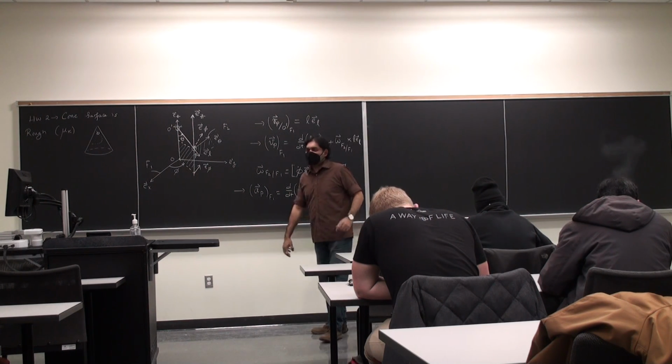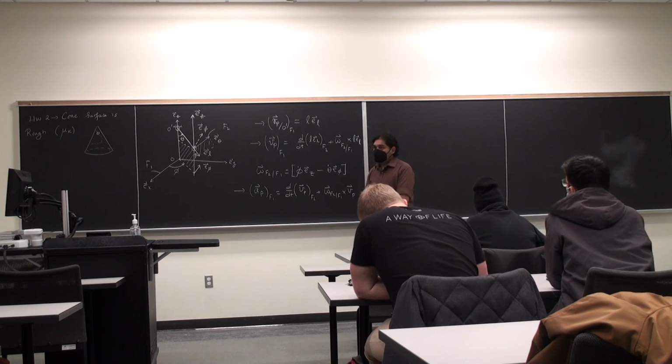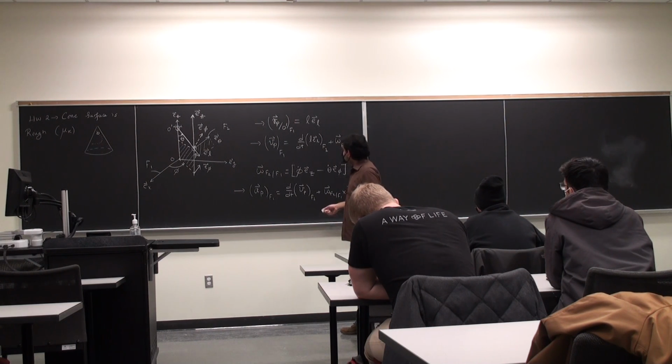Yes? So real quick, you have written the velocity of P with respect to frame 1 in the second arrow. Then in the third arrow, you have the velocity of point P with respect to frame 2. The frames change. Oh yeah, because essentially I'm just making use of this equation.